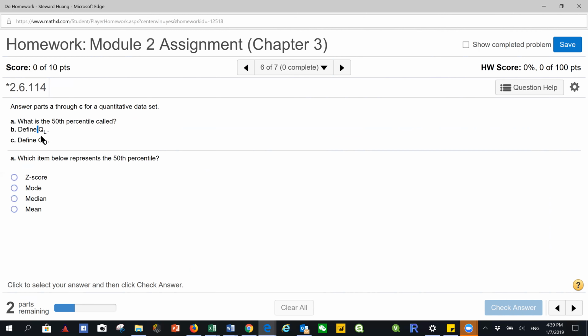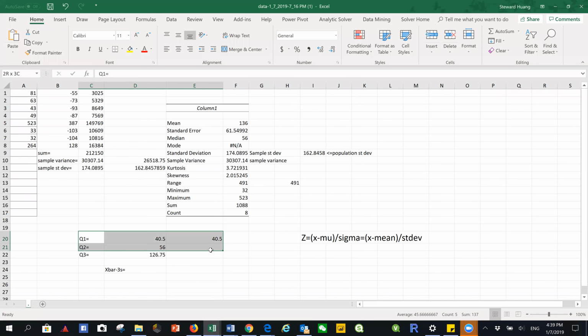QL is the lower quartile and QU is the upper quartile, which means QL is Q1 and QU is Q3. QL, Q1, is the 25th percentile. QU, Q3, is the 75th percentile. You can use the formula I showed you here to calculate them.